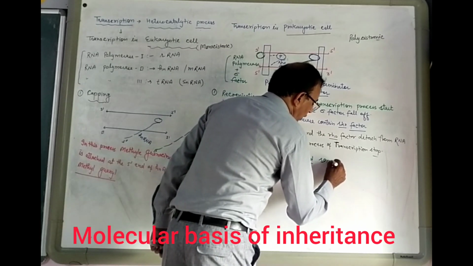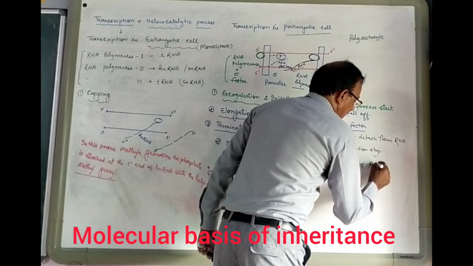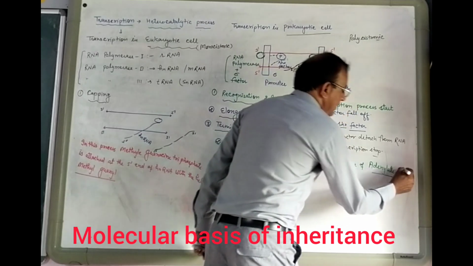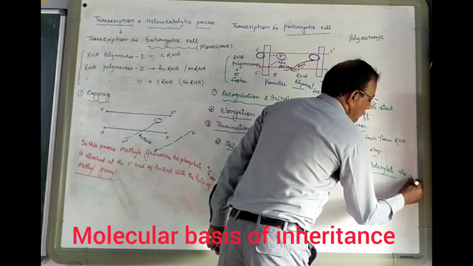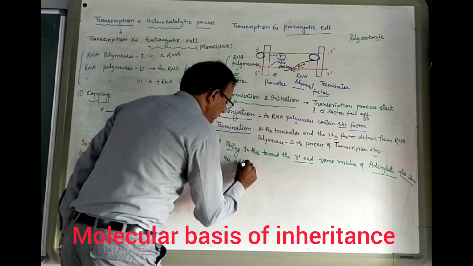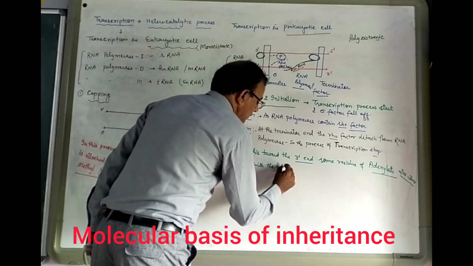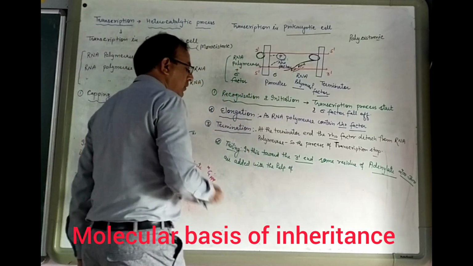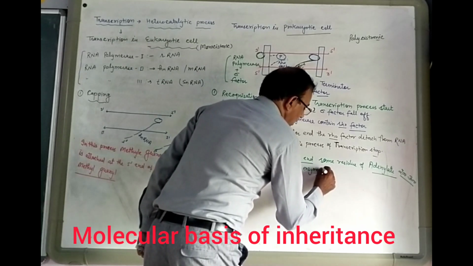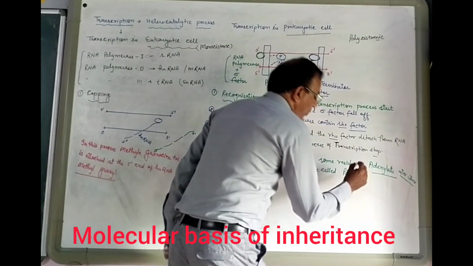Some residues of adenylate, meaning 200 to 300, are added with the help of an enzyme called poly A polymerase.